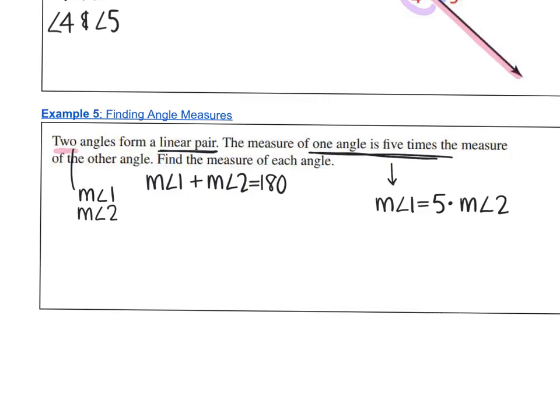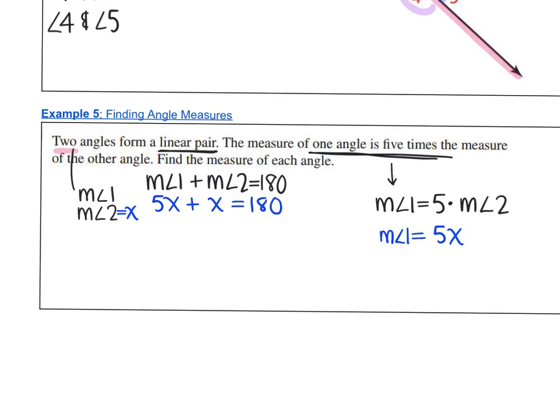So that this gets a little less confusing, I'm going to now replace the measure of angle 2 with x. So we're going to call the measure of angle 2 x, which means this would be 5x. So the measure of angle 1 is 5x, and the measure of angle 2 is x. So this is now 5x, this is now x, and it should equal 180.